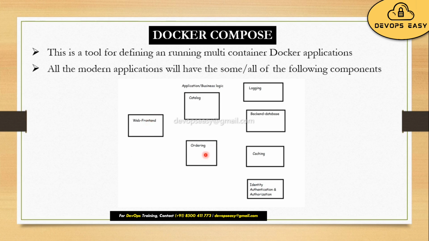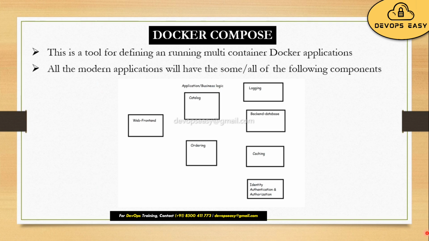Ordering I will run as a Docker container. Catalog I will also run as a Docker container. So whenever I get huge traffic on the web front end, what will I do? I will spin up only the web front end. So this is called microservices.